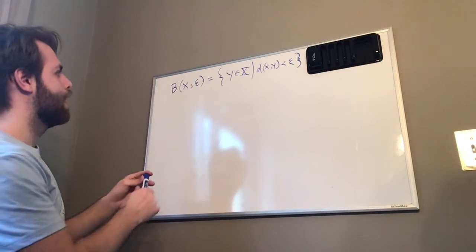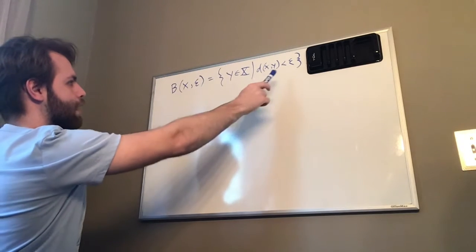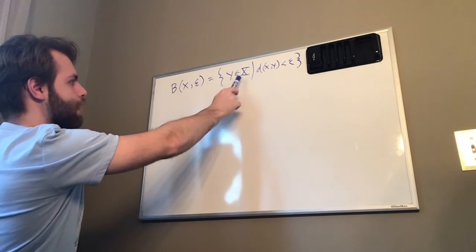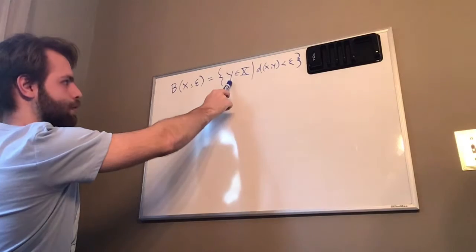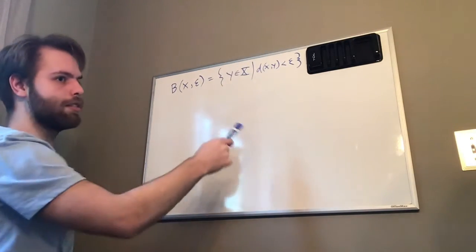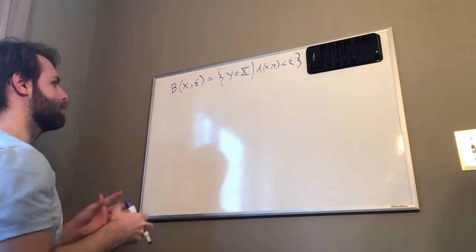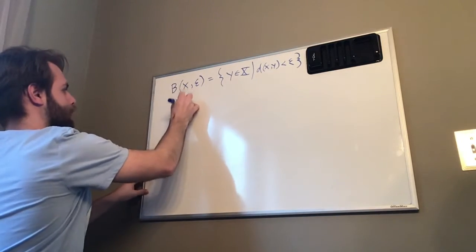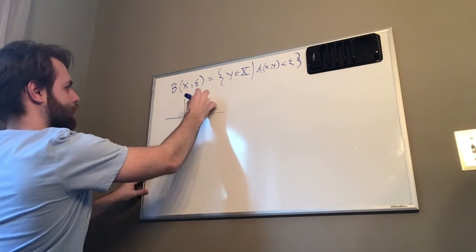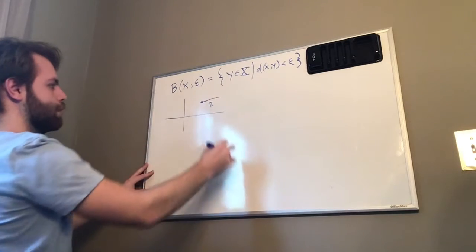And this says that this is going to be the set of every y in the same space as x, so just some y, with the distance from x to y less than some number. So, like, in 2D space, I could say, pick a point X. Pick some epsilon, call it 2, whatever, doesn't matter.